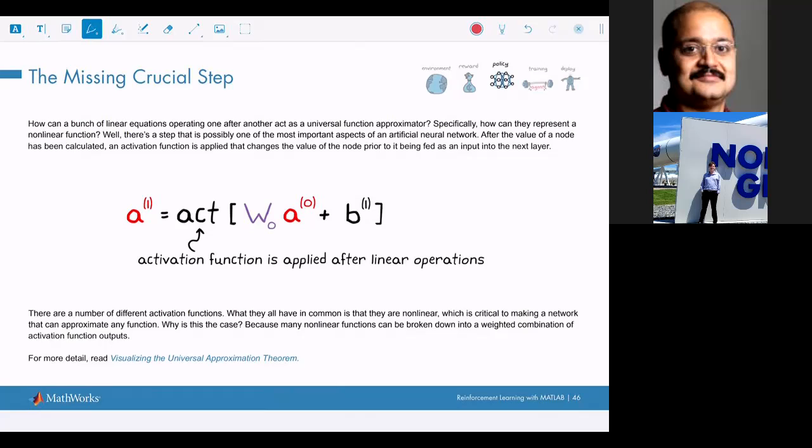So activation function could be a sigmoid function or a ReLU function. Why do we need this activation function? Because the functions that we are trying to approximate are basically nonlinear. And if we want to use piecewise linear functions and combine those together, we need to add some sort of nonlinearity.